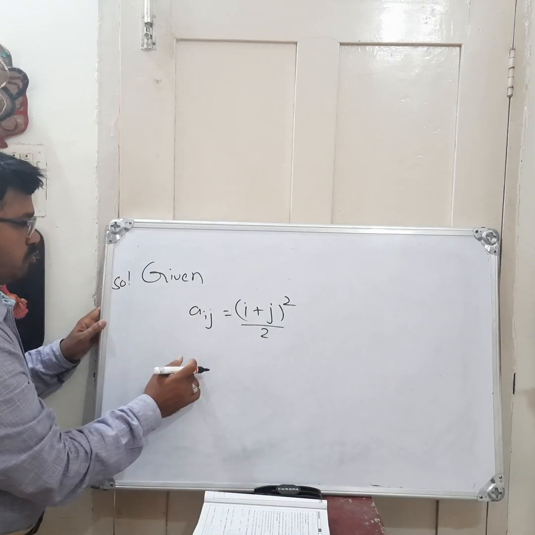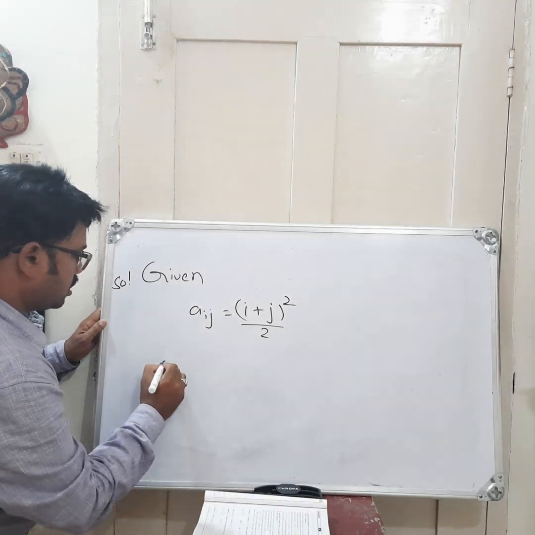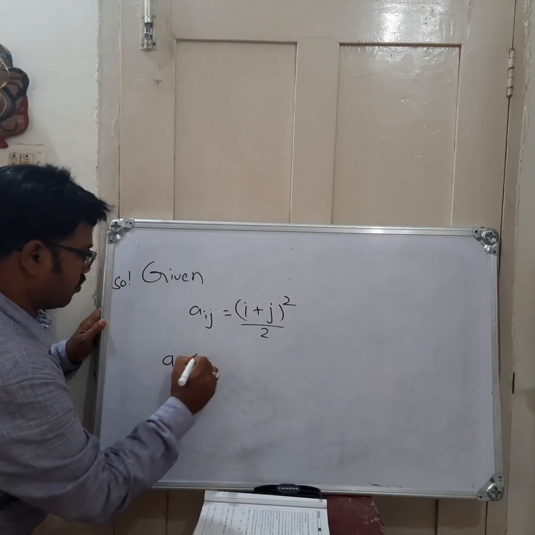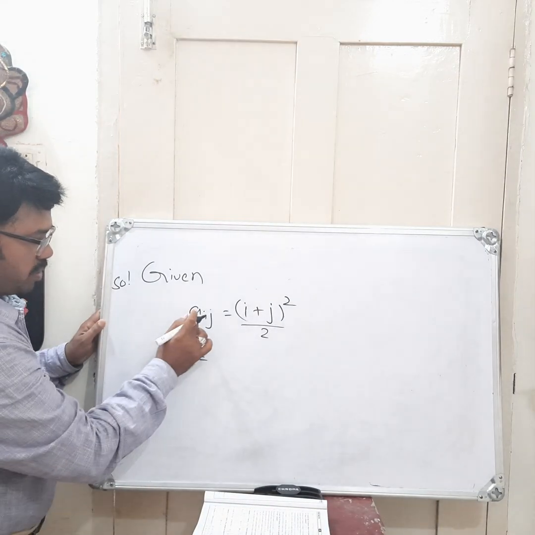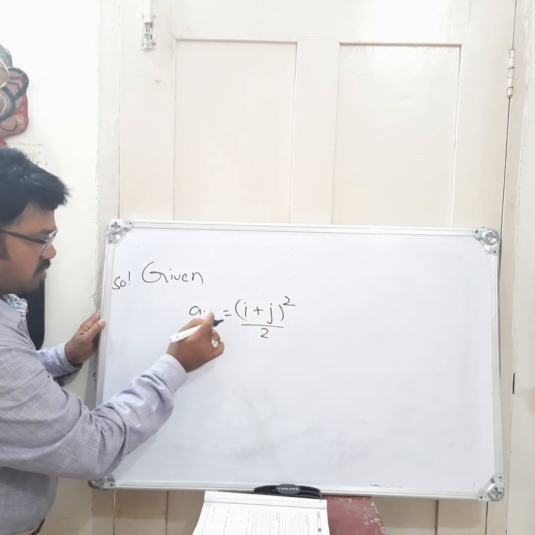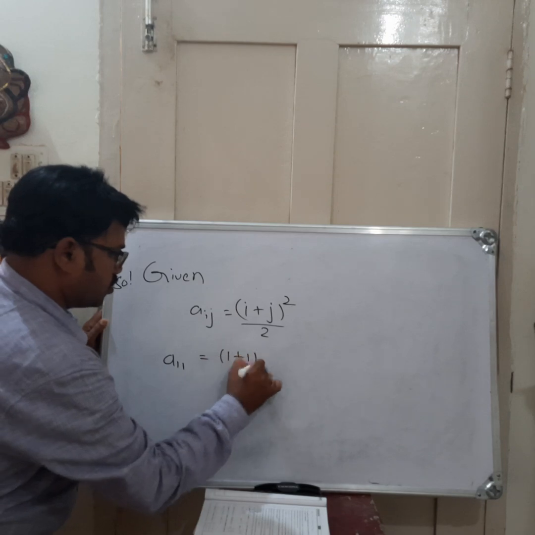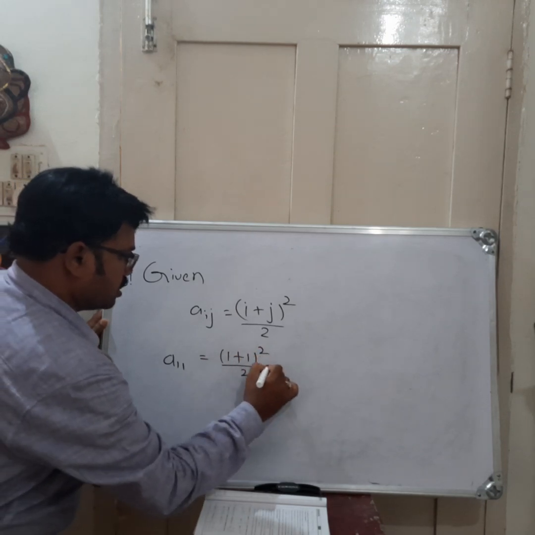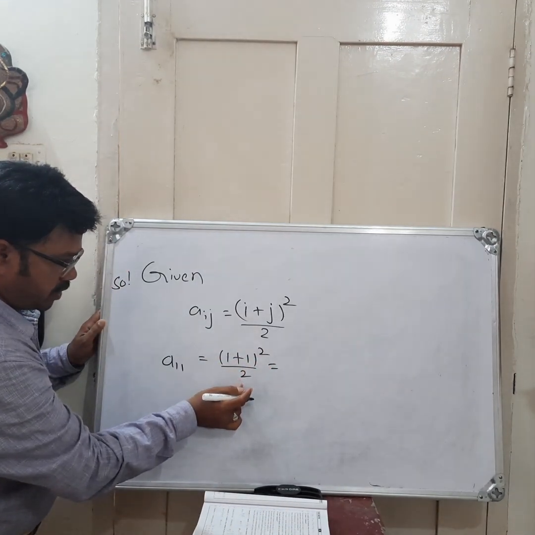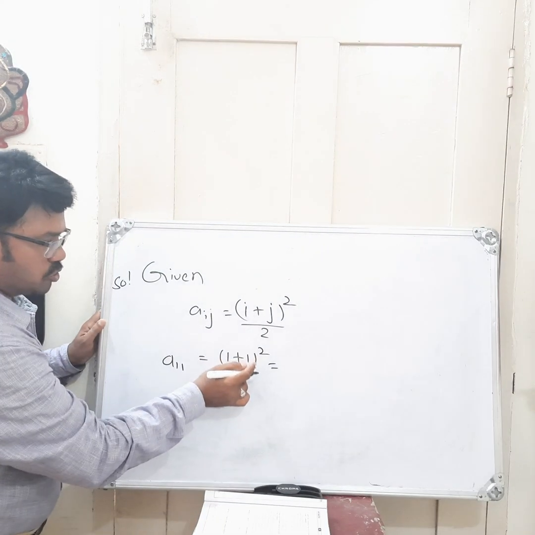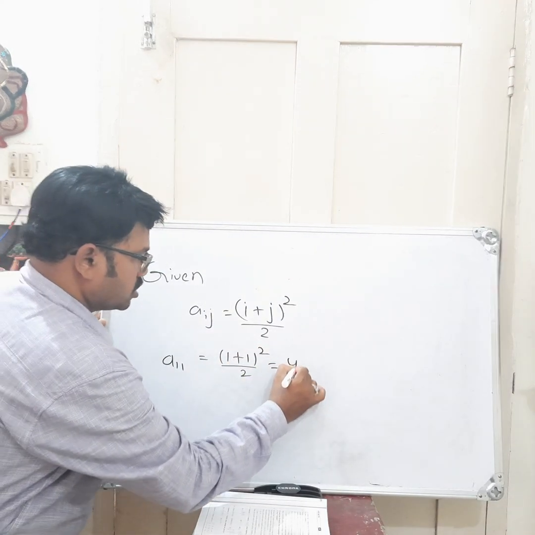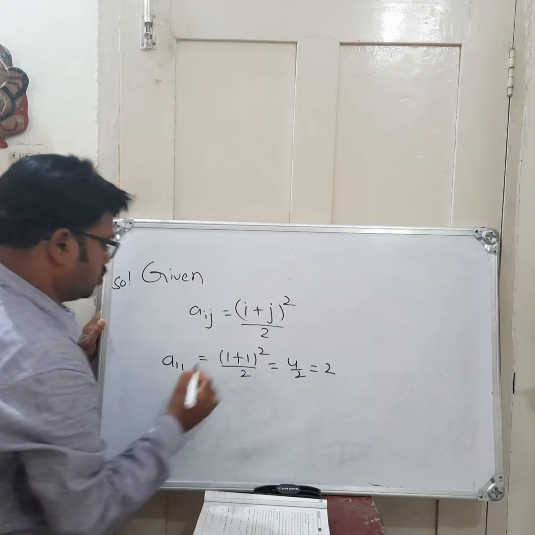So for this 2 by 2 matrix we have 4 elements. The first element is A11. I mean in the place of i value equal to 1 and in the place of j value equal to 1, substitute in this relation, then we get (1 plus 1) whole square divided by 2. 1 plus 1 value is 2, 2 square means 4. So 4 by 2, the value is 2.